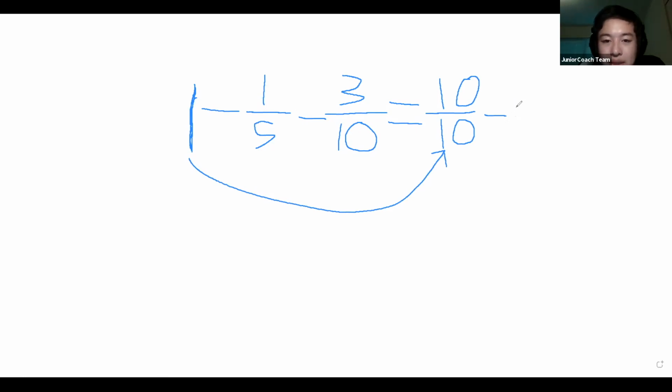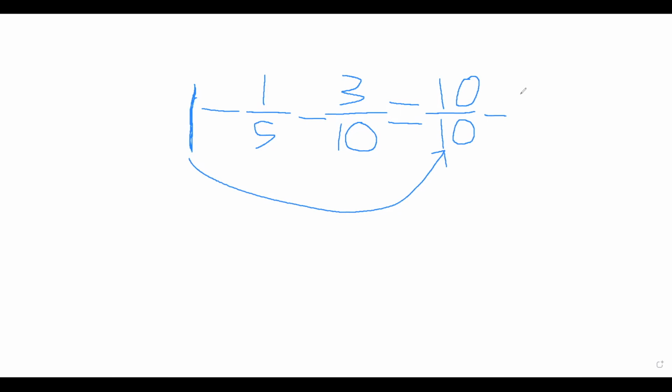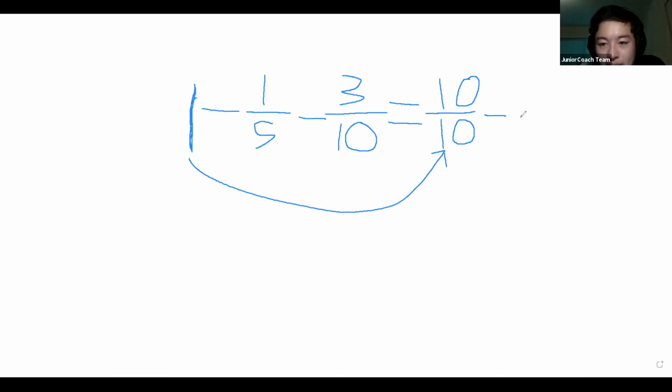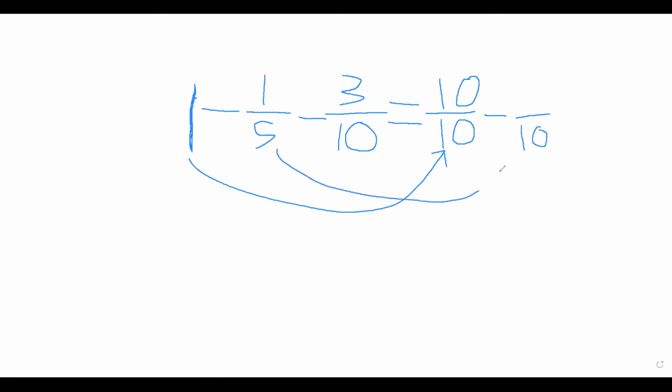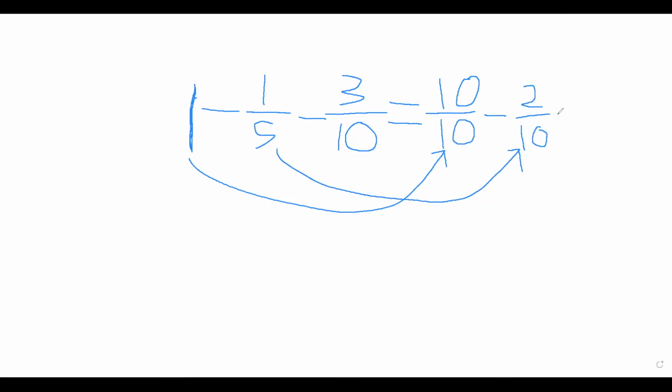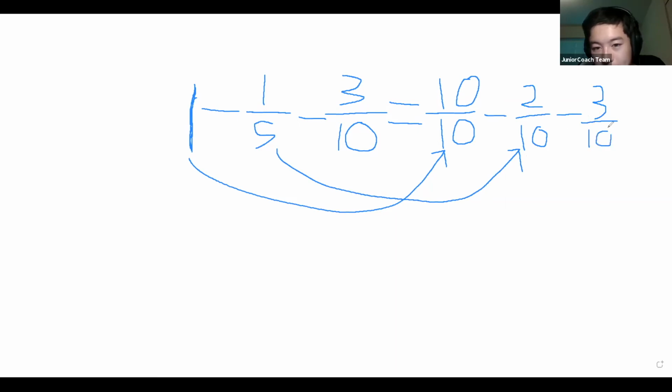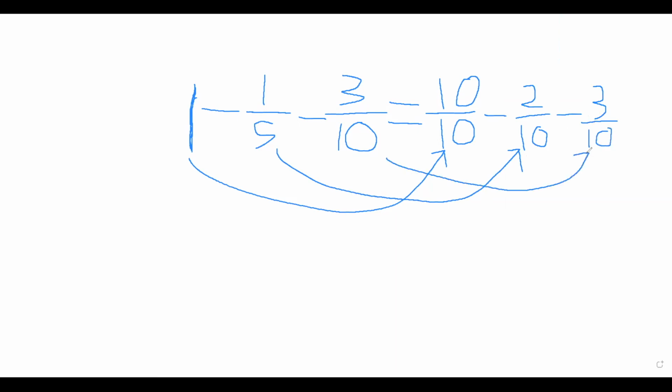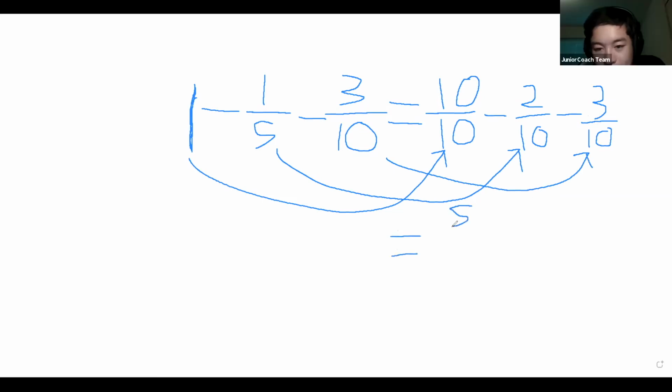If we were to write it as something out of 10, minus something out of 10, what would this be? 2/10, and then this just goes here, right? Minus 3/10. 5/10.